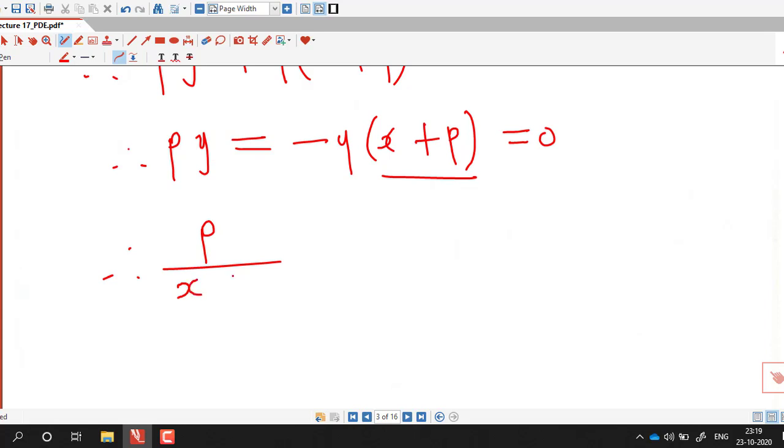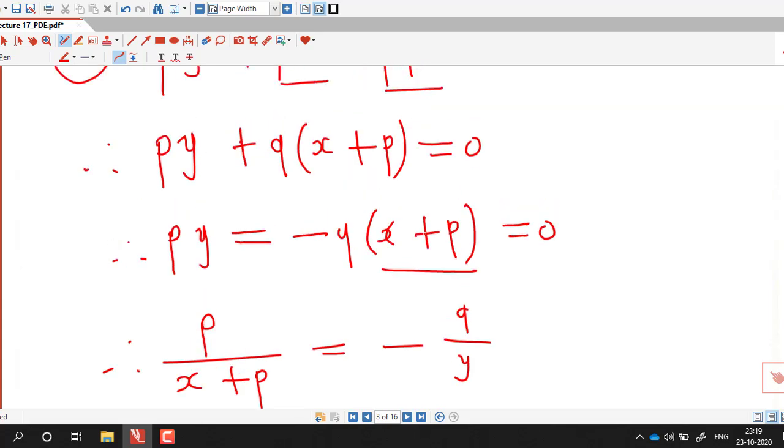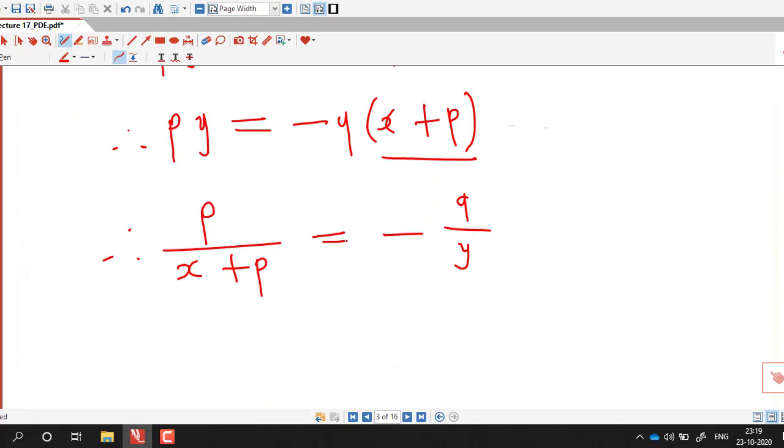P times x plus p equal to minus q by y. So this is now in standard form 3, p upon x plus p, which is a function of x and p, and the right hand side, minus q by y, which is also a function of y and q only.